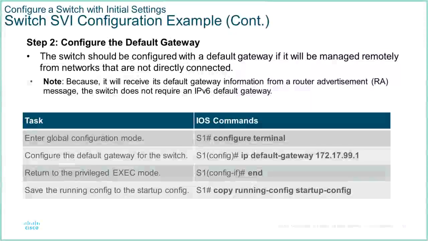Setting a default gateway in a switch is done via the ip default-gateway command. Again, just remember to save your running config file across to the startup config file after you do any changes, or else those changes will not be available on a reboot.